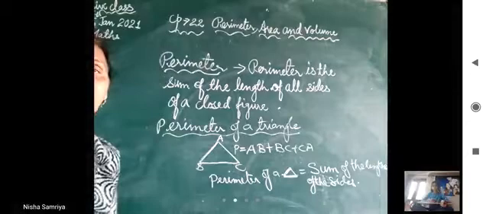Next is perimeter of an equilateral triangle. The figure is this.